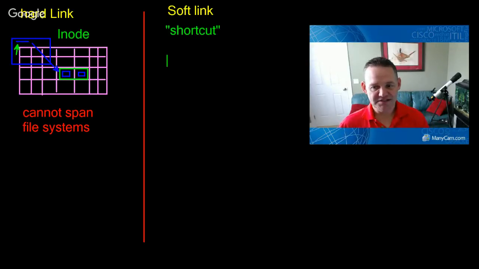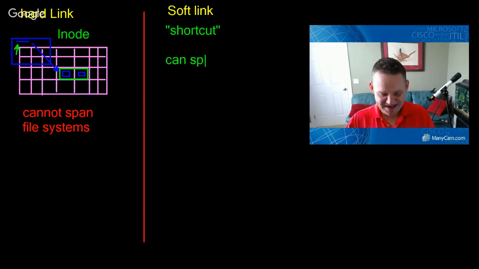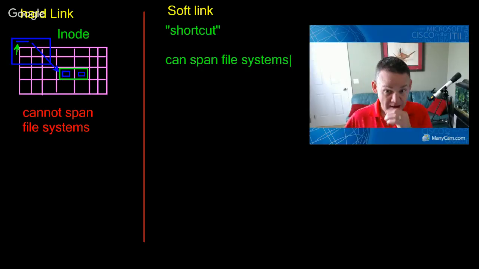It is its own separate reference. So it creates a shortcut to a file or a directory as opposed to just pointing to the same file. A soft link can span file systems, and I'll demo that in a second and explain what I mean by that.